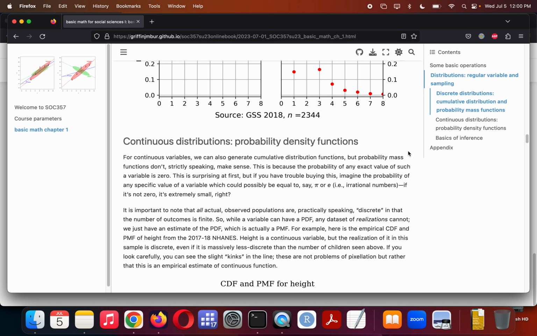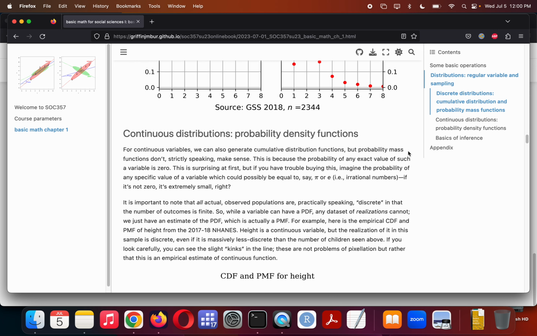So what I want you to think about is, if the probability of someone's height being pi exactly isn't 0, it's got to be really, really, really small, right? And maybe so small that it effectively is equal to 0. And that's really the reasoning. It's not that we can just immediately say that the probability is 0, but when you work out what's happening, it's basically a limit that becomes 0.